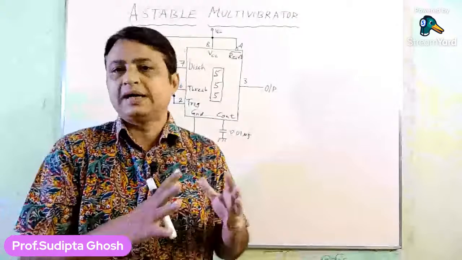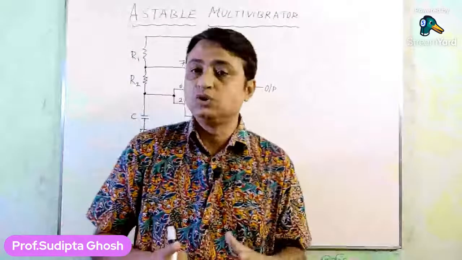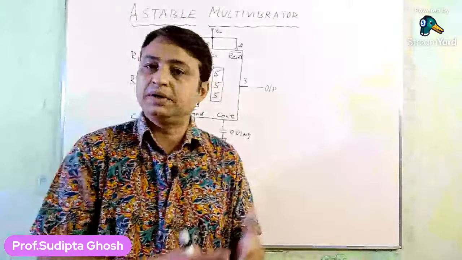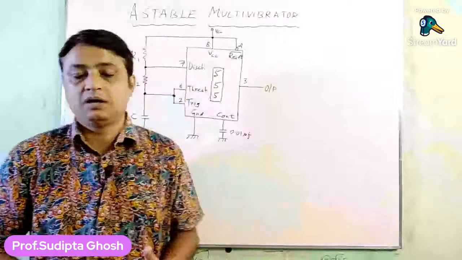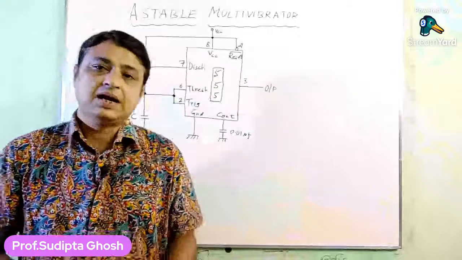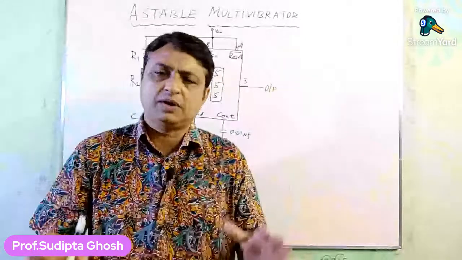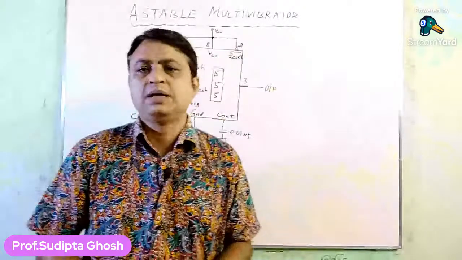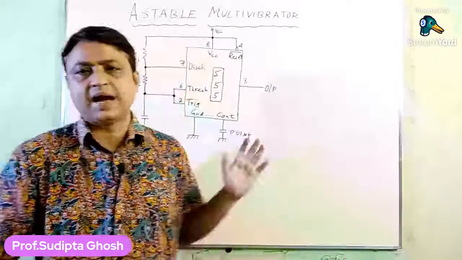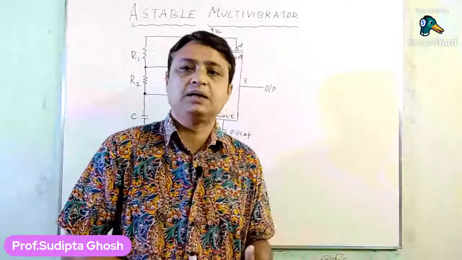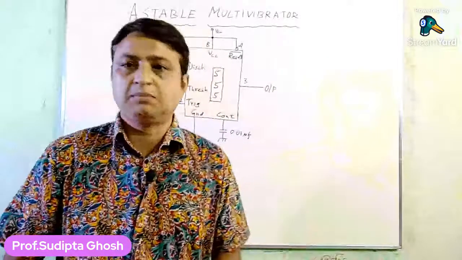So for an astable multivibrator there is no stable state, whereas for a monostable multivibrator, which we discussed in our last class, there is only one stable state. So forget about the monostable multivibrator and now focus on the astable multivibrator. What are the differences between them?